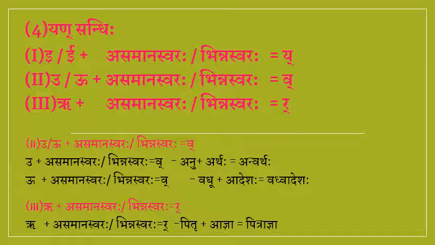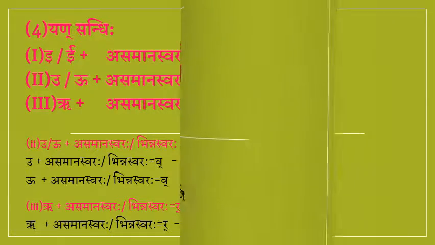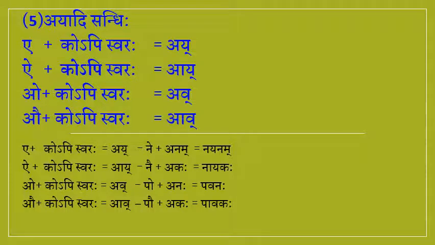Okay, we will move on to the fifth sandhi now, ayadi sandhi. This is also like yana sandhi. In yana sandhi, when the left side has e, u or r, the r and l do not come anywhere else. Now the left side can be e, ai, o or au.